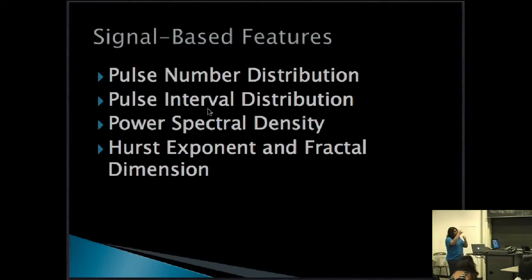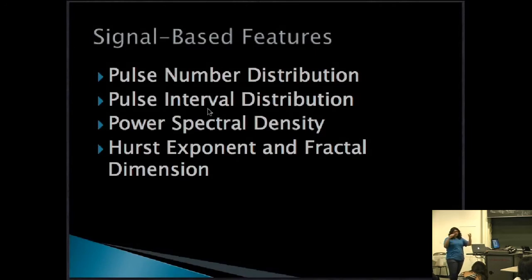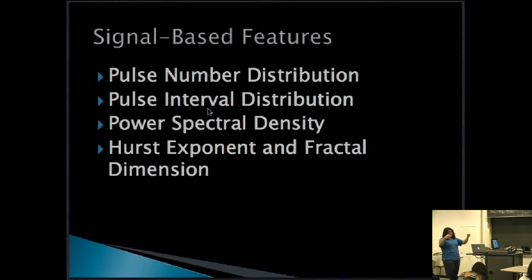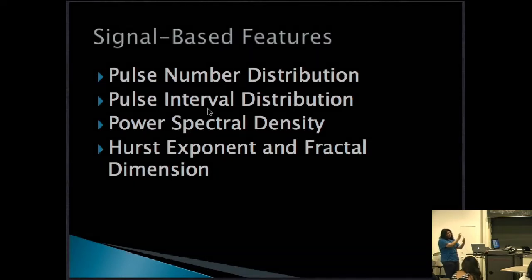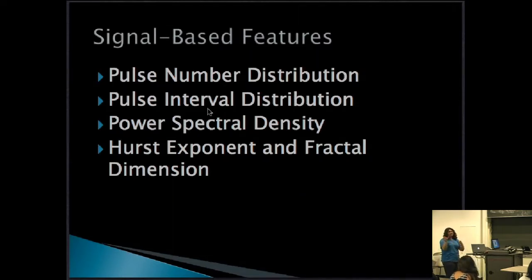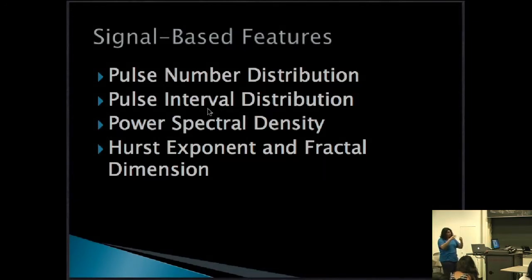For the power spectral density, what I did was I framed the signal, and from the 500 training documents, the real documents, I got an average frame representing the real document. I cross-correlated that real frame with every single frame in the test set, and after cross-correlating, I took the FFT, the Fourier transform of that, and got the power spectral density.